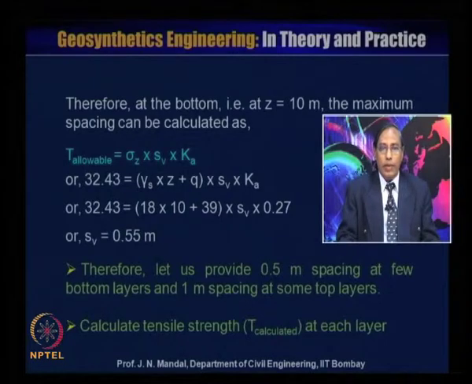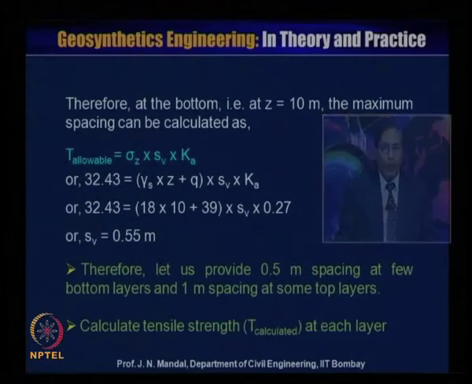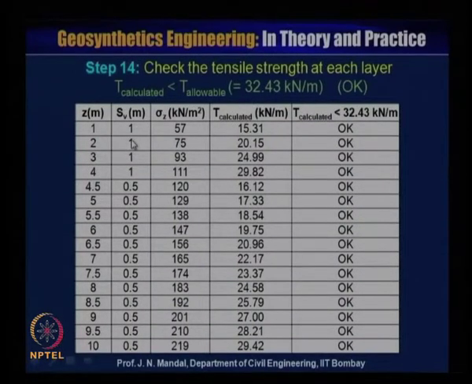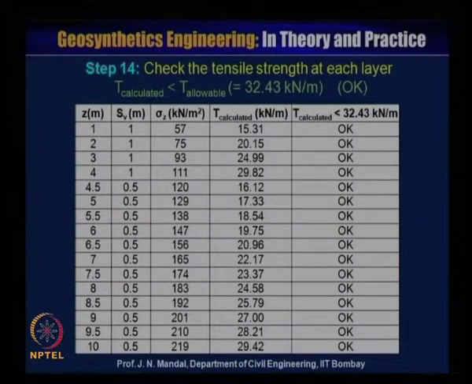Calculate the tensile strength T calculated at each layer. You can see from step 14 that you check the tensile strength at each layer. So T calculated should be less than T allowable, that is 32.43 kilonewton per meter.